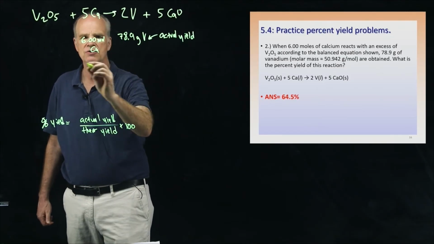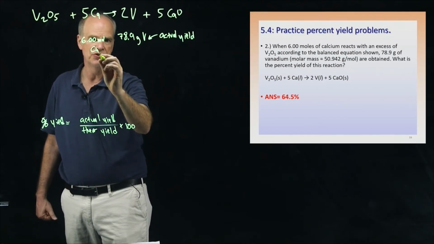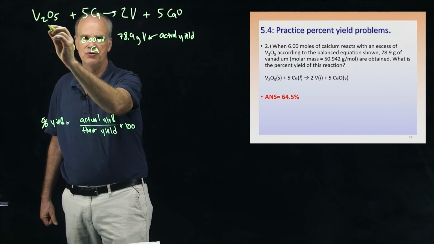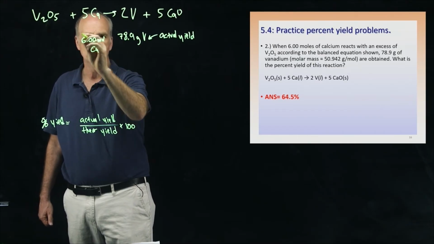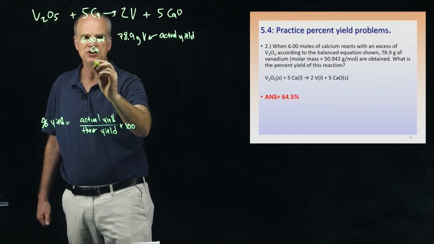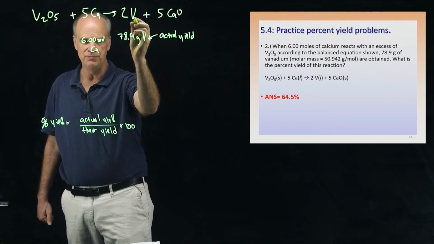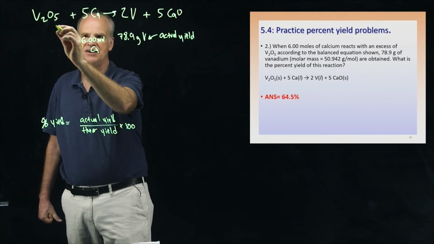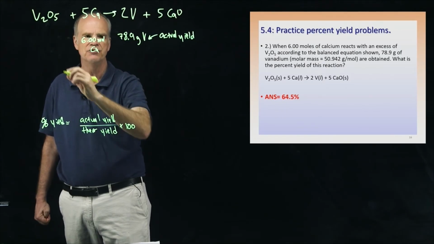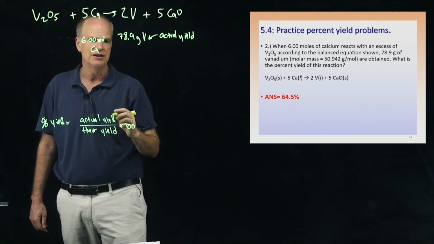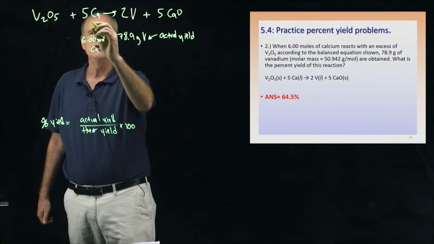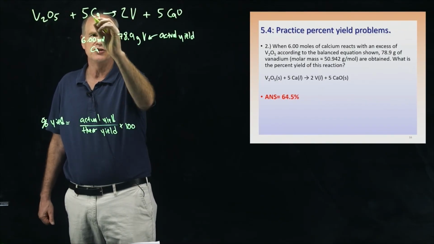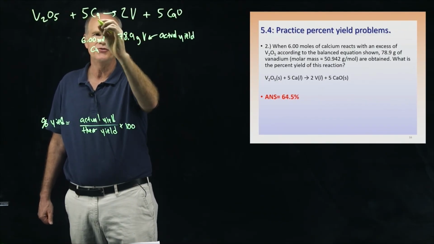So we know that we are reacting 6 moles of calcium with excess V2O5. Can you figure out what the theoretical yield of the vanadium would be if all 6 moles of calcium react with this vanadium oxide, V2O5? How would you figure that out? Again, not so difficult. So you know here that the mole ratio between calcium and vanadium is 5:2.